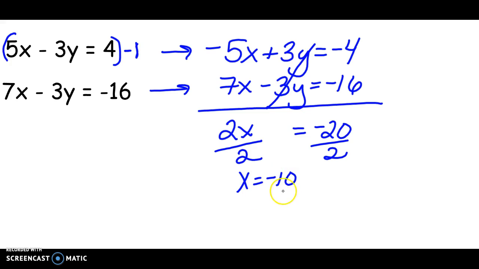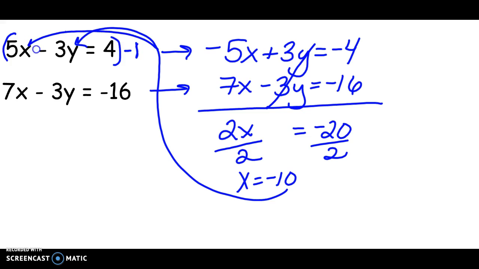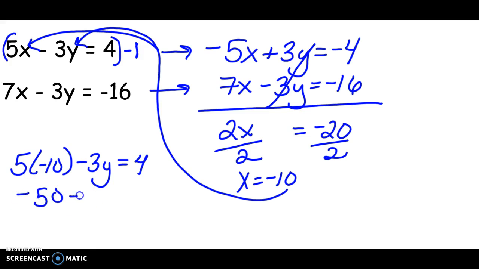Take negative 10, plug it into the original equation. Whoops, sorry, plug it into x. 5 times negative 10 minus 3y equals 4. Negative 50 minus 3y equals 4.